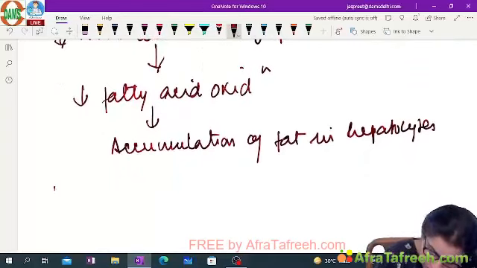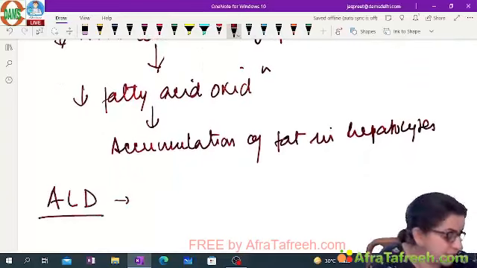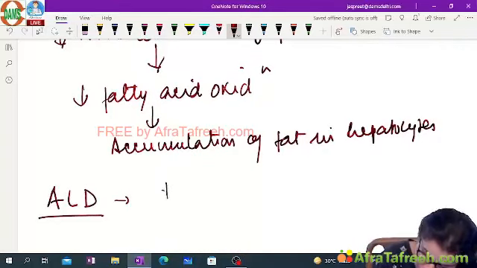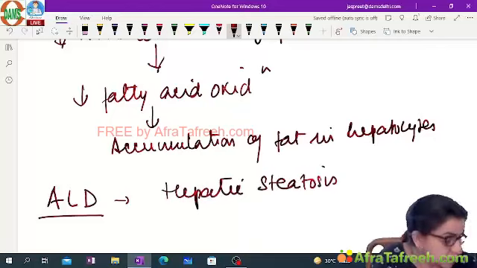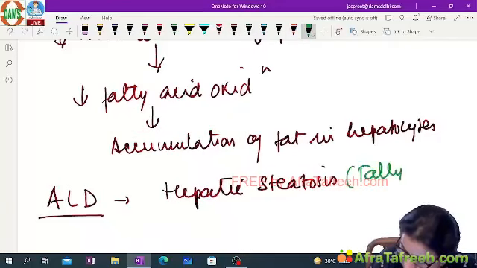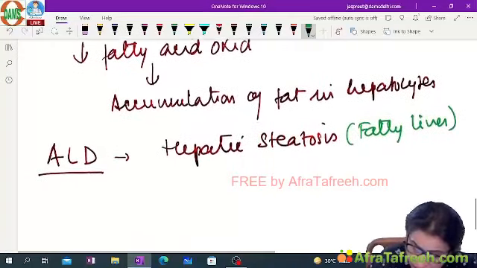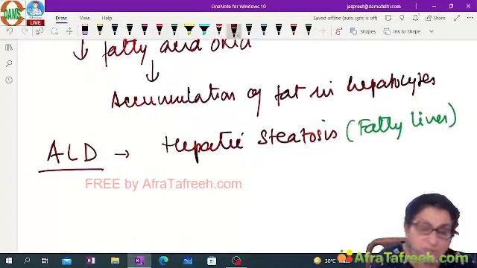Now if you look at alcoholic liver disease, there are three stages. First stage is hepatic steatosis. Steatosis means fatty liver. So when a person drinks alcohol, first he develops fatty liver, or what we call hepatic steatosis, which is reversible.